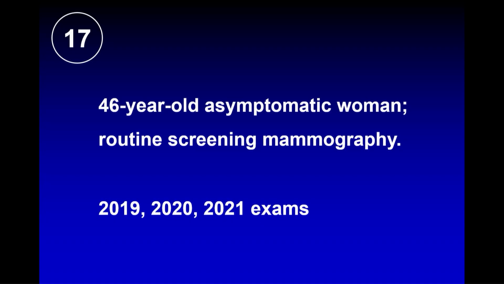And you can do that. And if you think that it should be recalled, do so, but don't say there's a focal asymmetry that's unchanged from last year, but I'm recalling it because I have only 1 year stability. Don't put that in the report. Just say there is a focal asymmetry. And I wouldn't even put in the report there's no change. I just say there is a focal asymmetry.